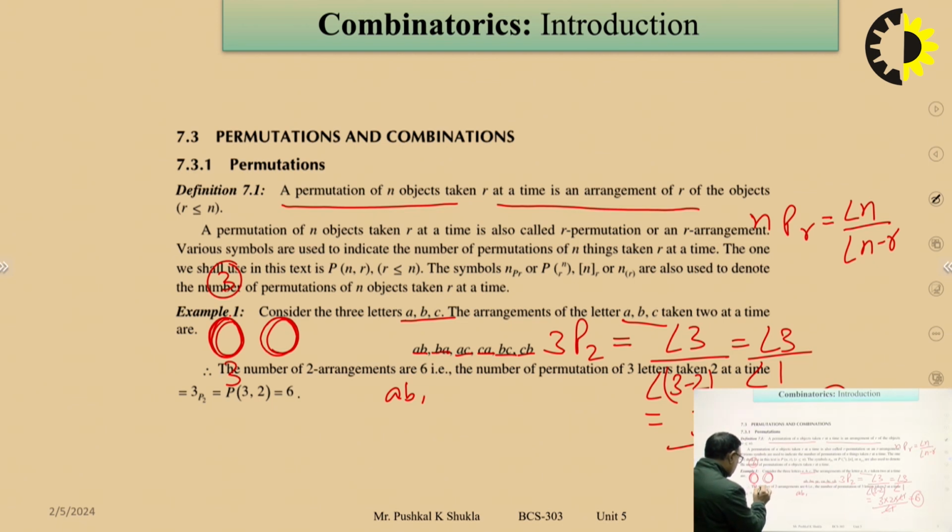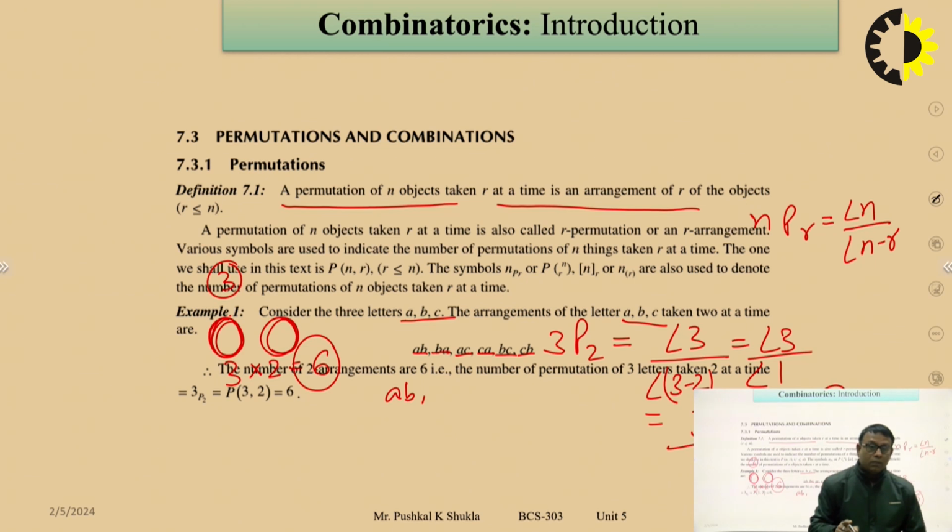That is 2. That means 6 ways are there. So permutation is applicable when the ordering or sequencing of numbers, elements or objects is important.